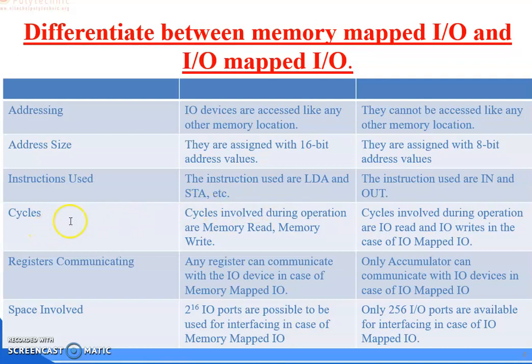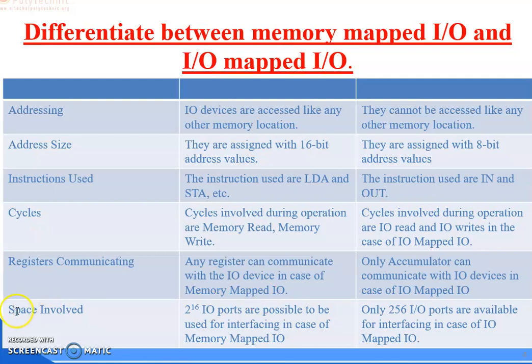Next, in terms of cycles, the cycles involved during operation are memory read and memory write in memory mapped IO, but the cycles involved during operation in IO mapped IO are IO read and IO write. Next, in terms of registers communicating, any register can communicate with the IO device in case of memory mapped IO, and only the accumulator can communicate with IO devices in case of IO mapped IO.